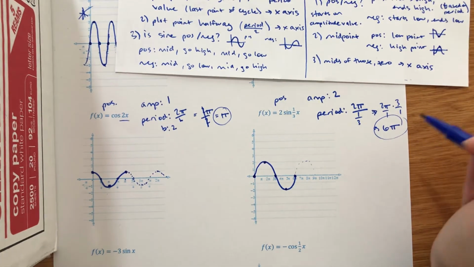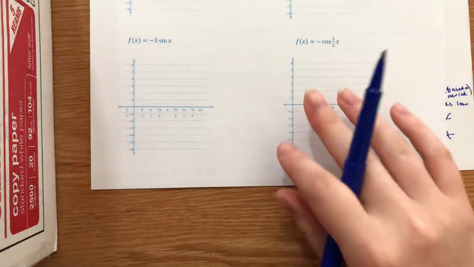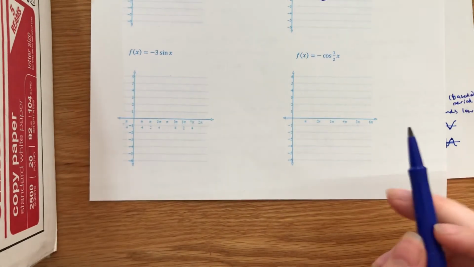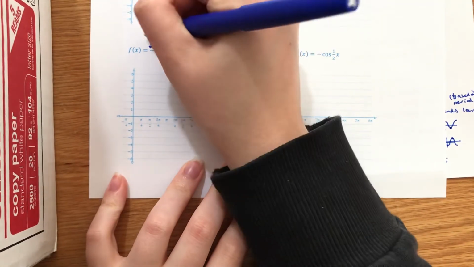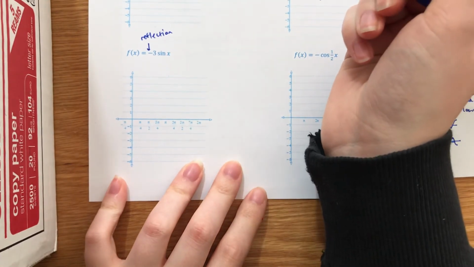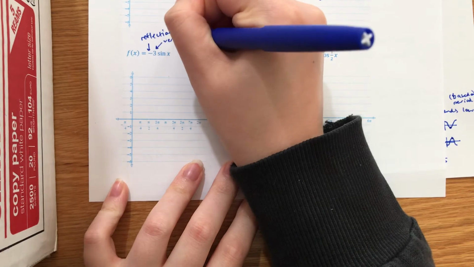All right. And now lastly, I'm going to finally talk about some negative ones. So technically, the negative here is a reflection. You have done plenty of transformation labeling. So that's a reflection. This is your vertical stretch.